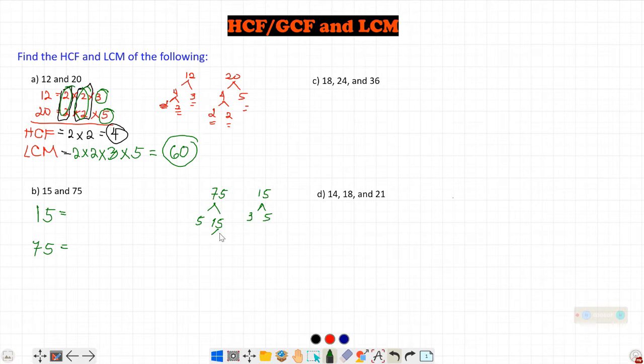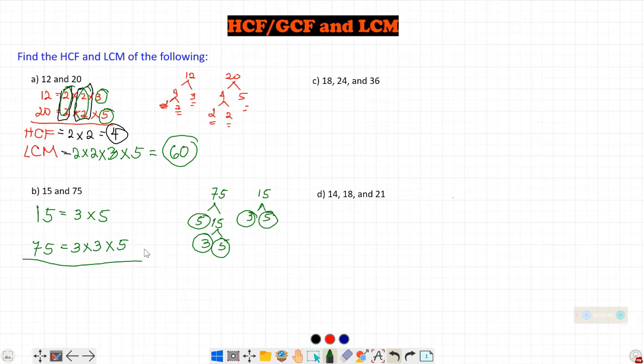Now that I found all the prime factors of each number, let's write it here. So this is 3 times 5, and here it's 3 times 3 times 5.